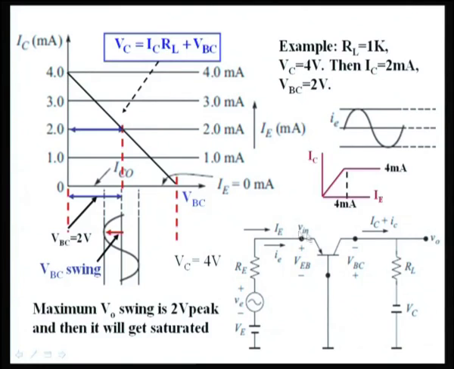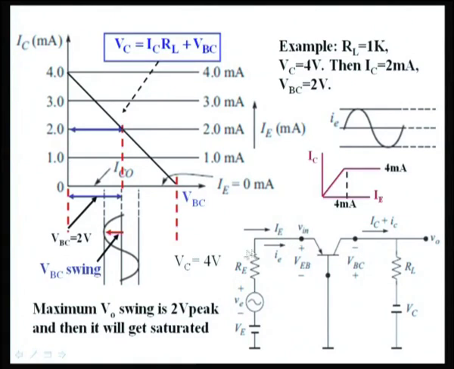So, when it is 4 milliamperes, the output voltage peak will be actually equal to 1 k into 4 milliamperes, 4 volts. So, the maximum swing of this output voltage will come down to 4 volts. Now, on the other side, if I C is equal to 0, there is no collector current, no DC current at all.